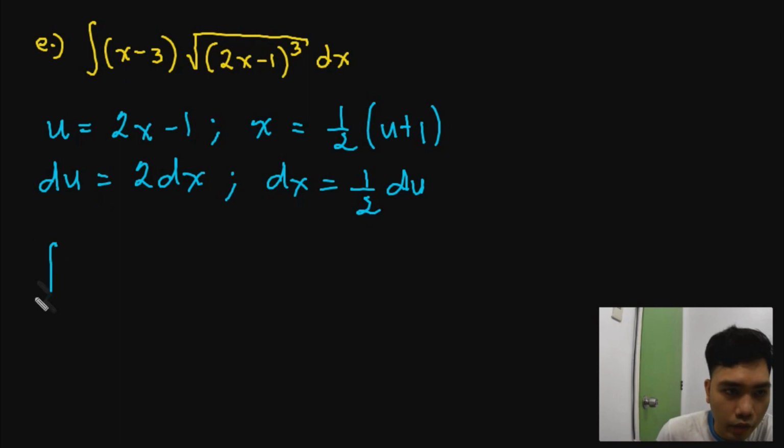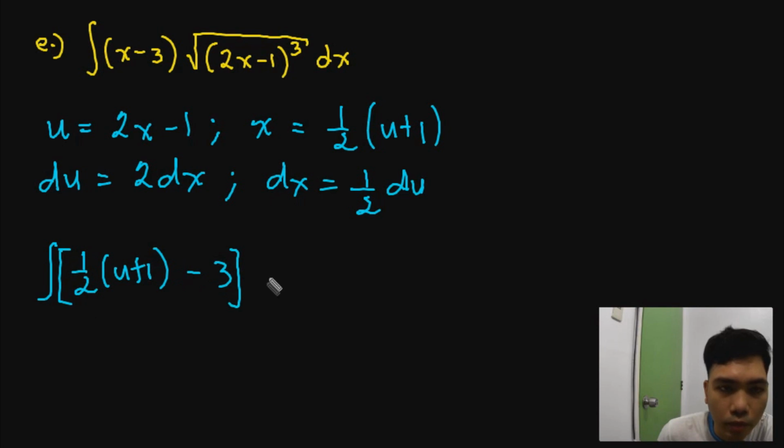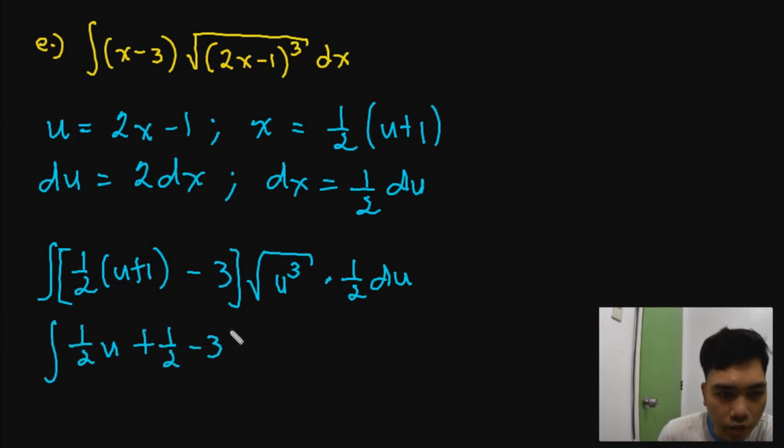So that is the integral of 1/2 (u plus 1), which is simply x, minus 3, and then we multiply this by the square root of u cubed, because this is exactly your u, and of course dx is 1/2 du. Finally we can elaborate this further into 1/2 u plus 1/2 minus 3, times the square root of u cubed, times 1/2 du.